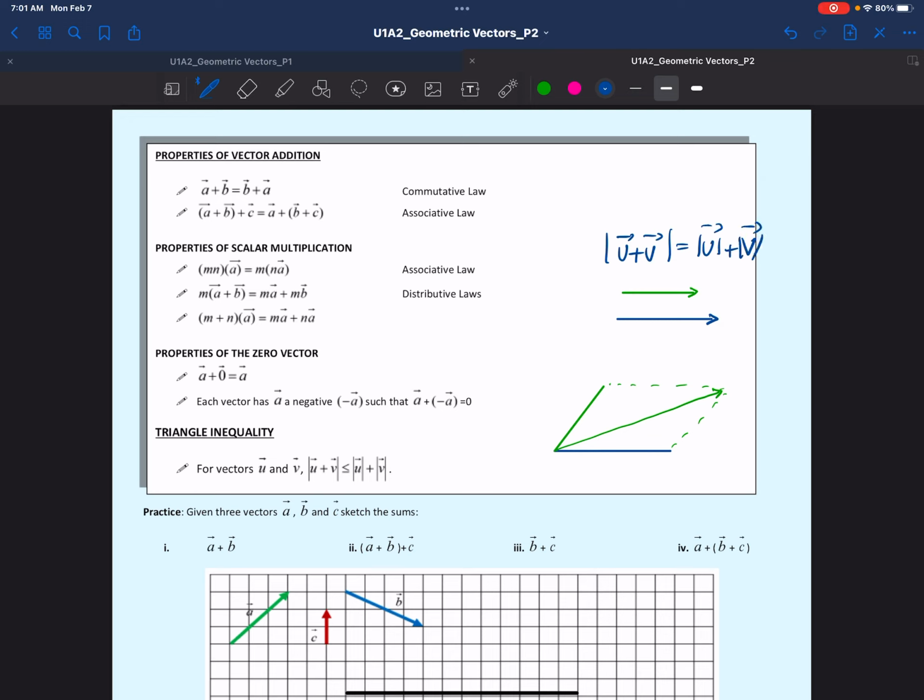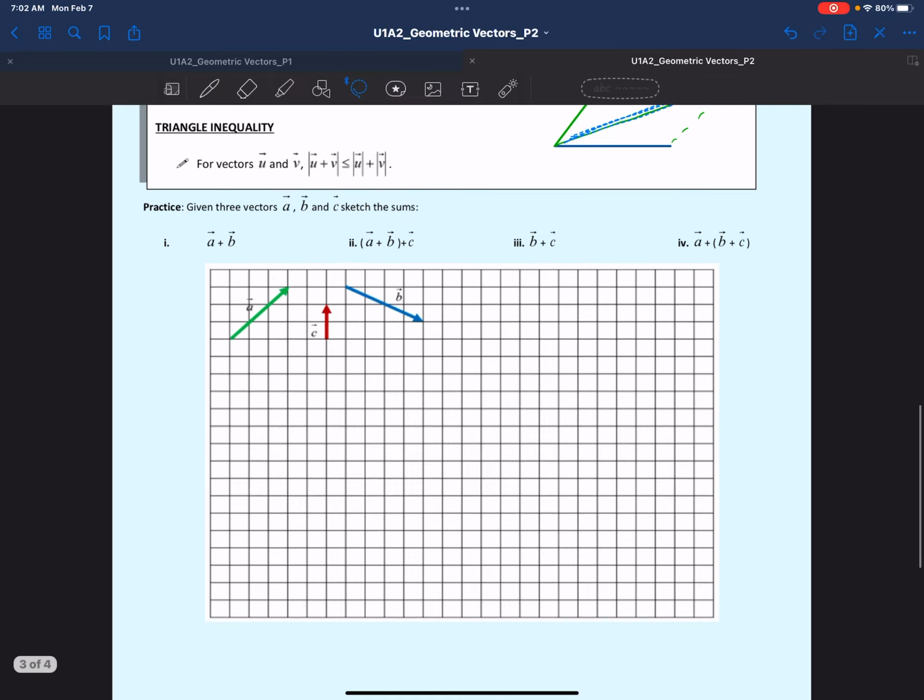And you can tell this by simply placing these two vectors head to tail. Other than that, the sum will always have a value less than the sum of the two vectors separately.